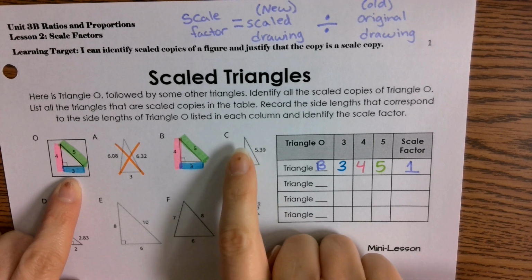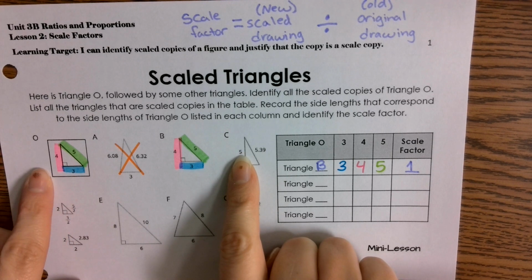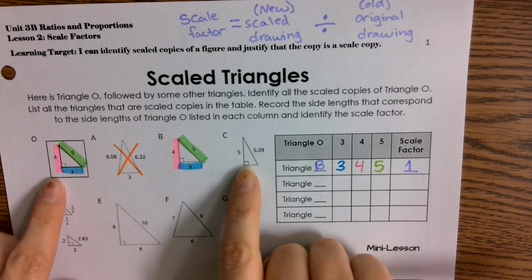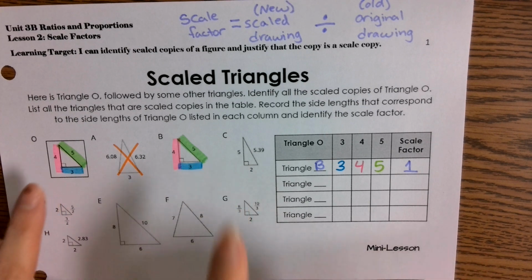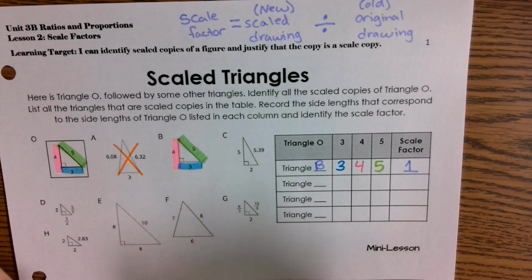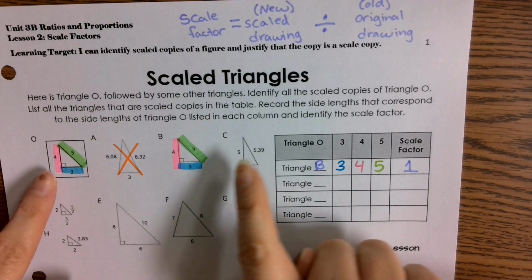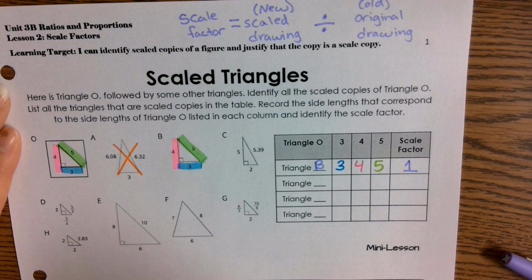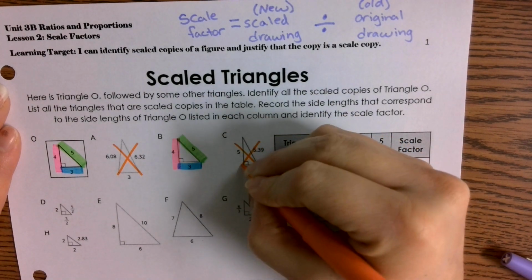And then if I take 5 and divide it by 4, I'm going to get 1.25. Those are not the same, right? They are not the same for scale factor. In order for it to be a scaled copy, that scale factor has to be the same throughout the entire problem. So this is not going to be a scaled copy. I can go ahead and cross that one off.